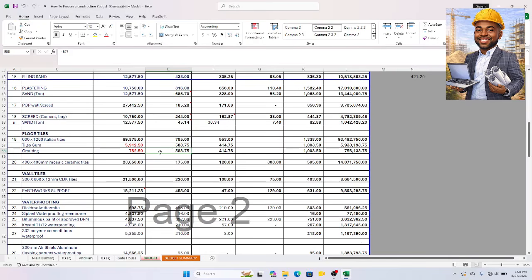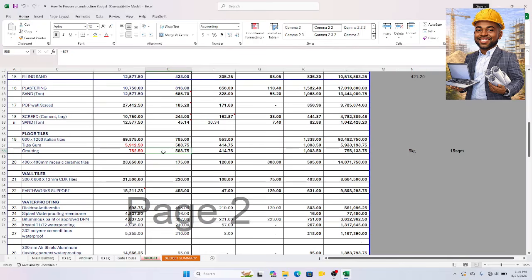For grouting, every 5 kg covers 15 square meters, right? So grouting every 5 kg covers 15 square meters.